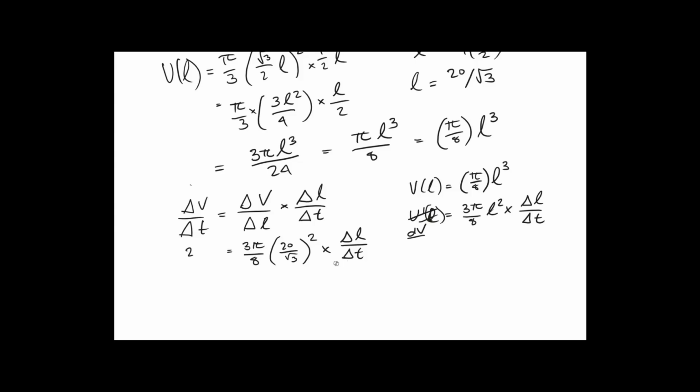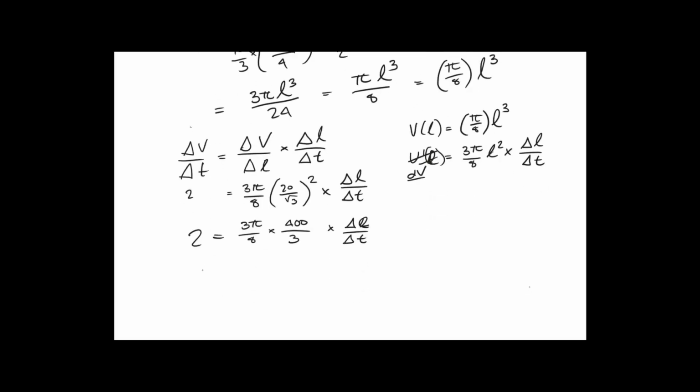Okay. So 2 equals that. So let's get rid of these brackets here. And my pen is glitching out on me again. Sorry. So it's going to be 3 pi over 8 times 400 over 3 times dL/dt.